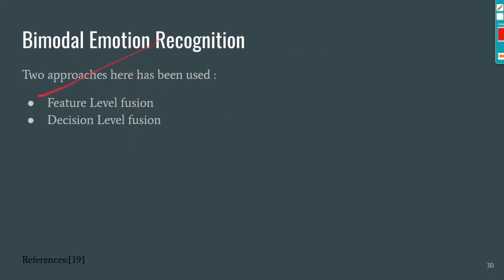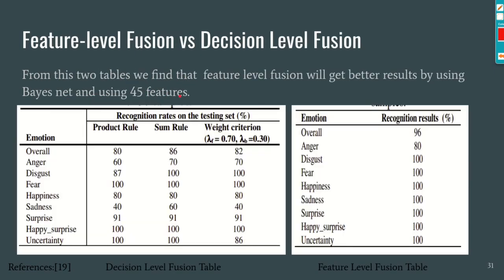Then they used the bimodal emotion recognition, the feature level fusion and the decision level fusion, which are combined here, and here the emotions are alone, as I said in the previous slides. They found that in the decision level fusion the accuracy is around 84%, and in the feature level fusion it's around 96%.